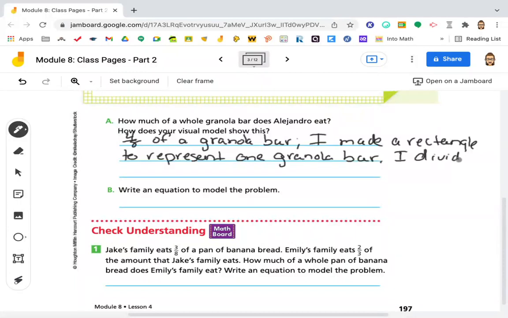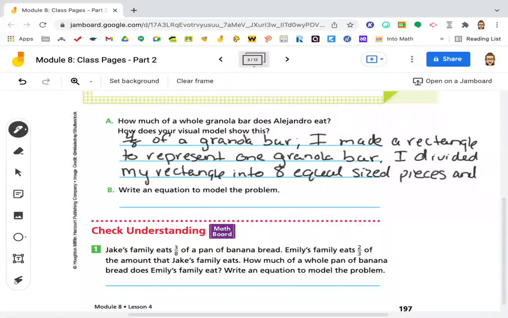I divided my rectangle into 8 equal sized pieces and shaded 6 of them to represent 6/8.